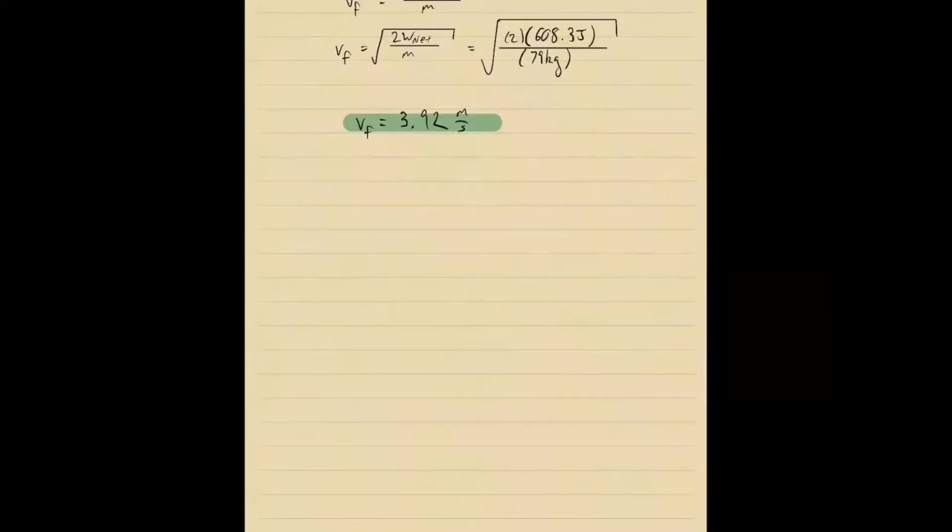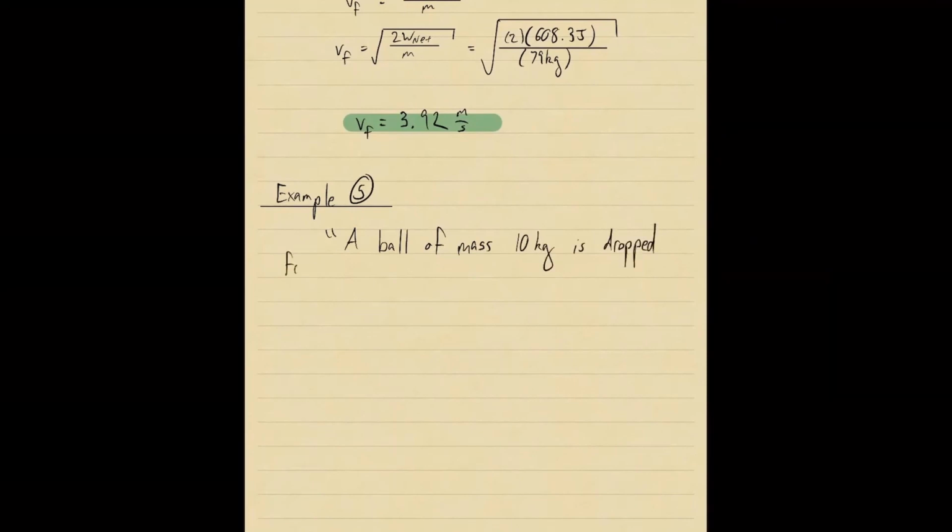All right, so let's move on to example 5. Example 5 says that a ball of mass 10 kilograms is dropped from a height of 100 meters.